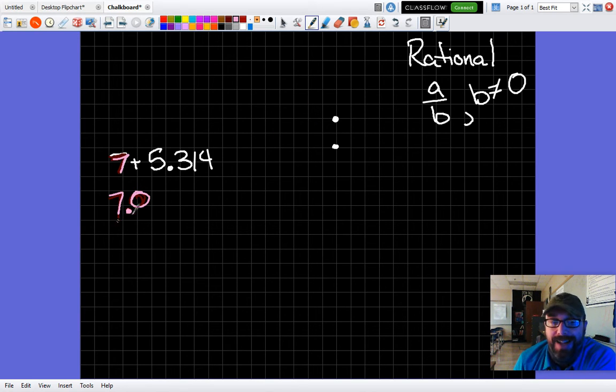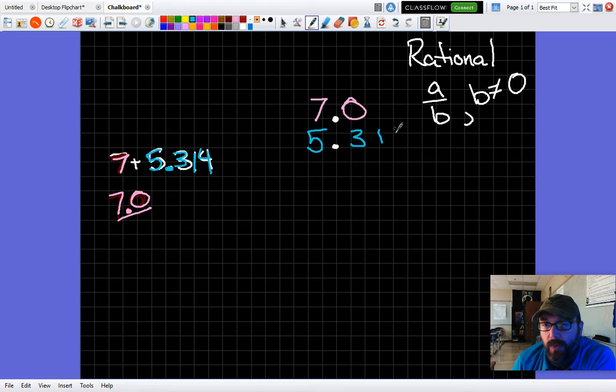So we're going to line up our decimal point here. So we have a 7 point, and then I could write a 0 here. I'm probably going to write a couple zeros just looking at the way this math is going to go. And then I want to line up the second number, which is 5.314.